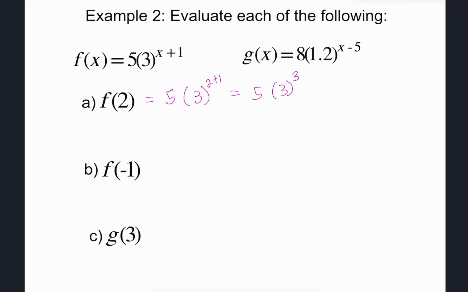And the rule is we have to do exponents first before any multiplication. So one of the most common mistakes I see students make is trying to make that a 15. And that's not right. That's really 5 times 3 cubed, which is really 5 times 3 times 3 times 3. So you want to make that a 27 first, and then you want to multiply 5 times 27 for an answer of 135.